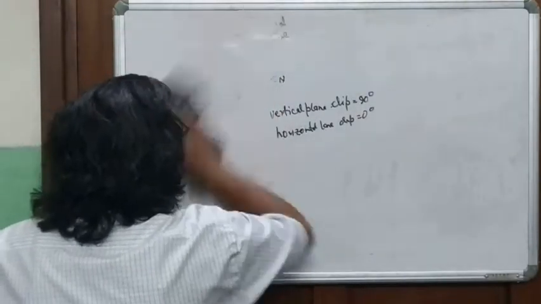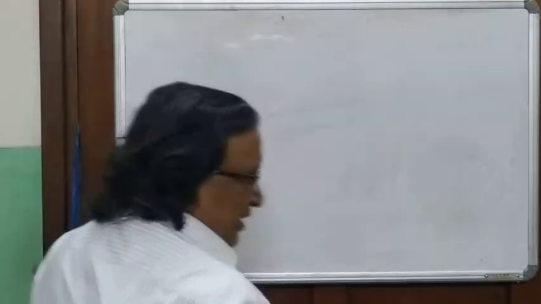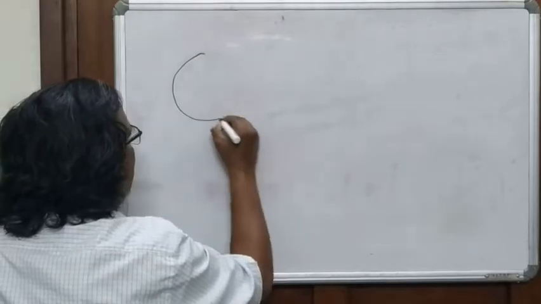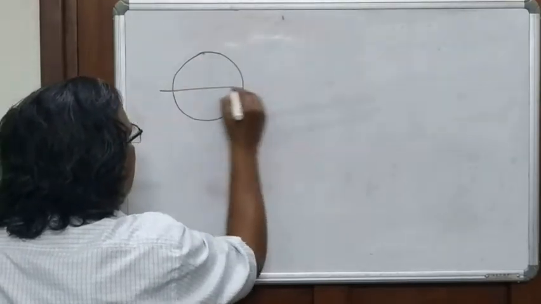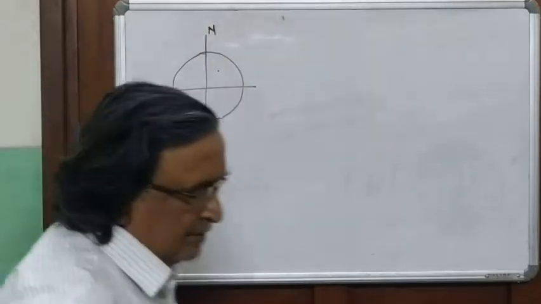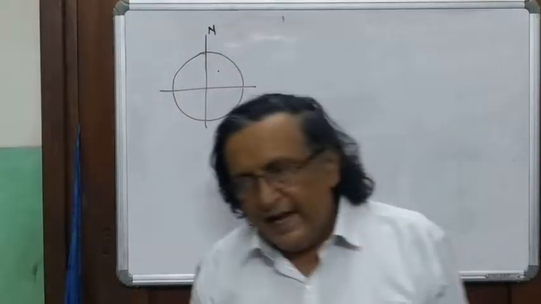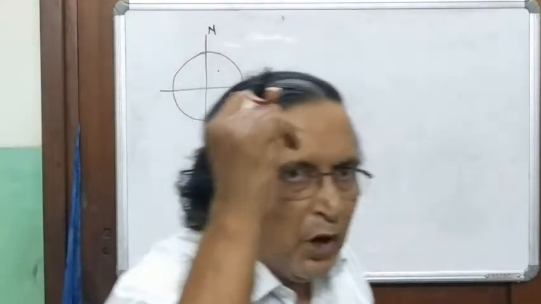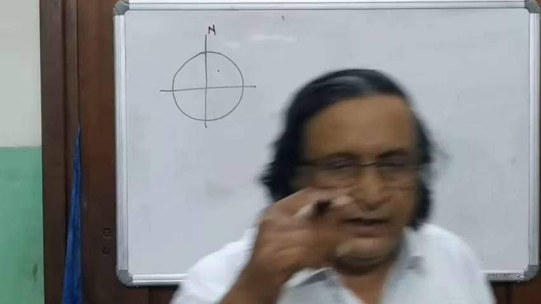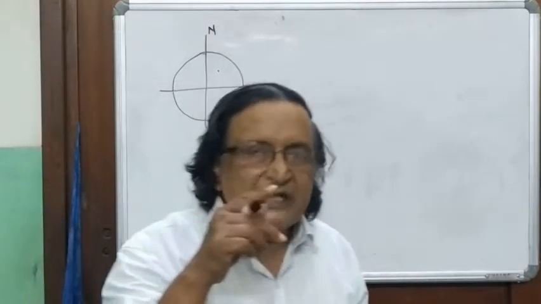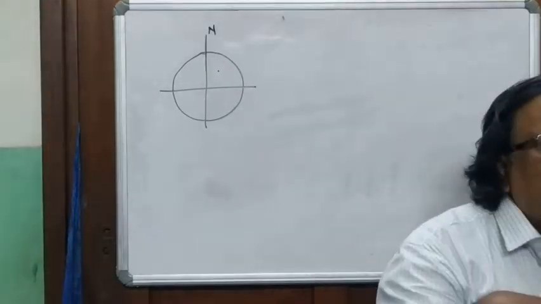Now, any point is a line. That line, when it is perpendicular to a plane, is called the pole.